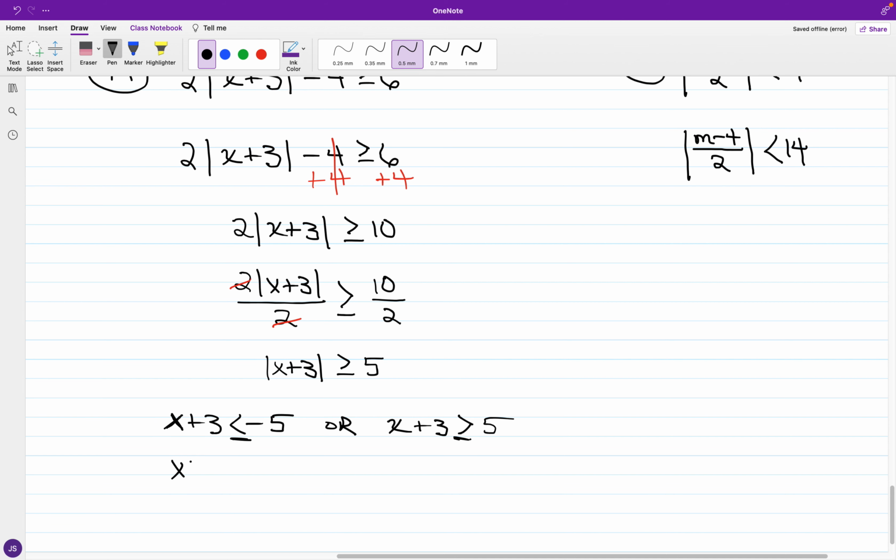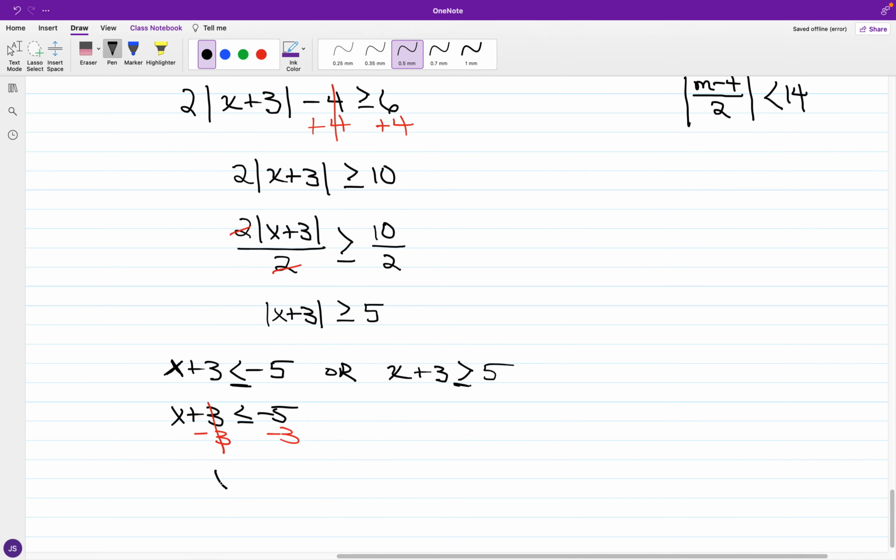Okay, so looking at getting x by itself. For x plus 3 is less than or equal to negative 5, taking 3 away from both sides, we have that x is less than or equal to negative 8.